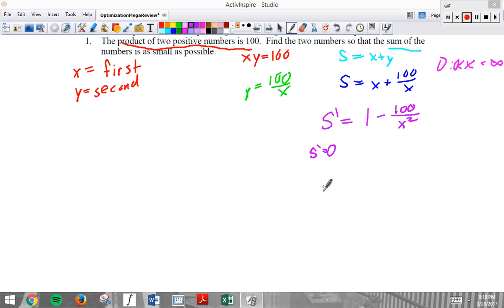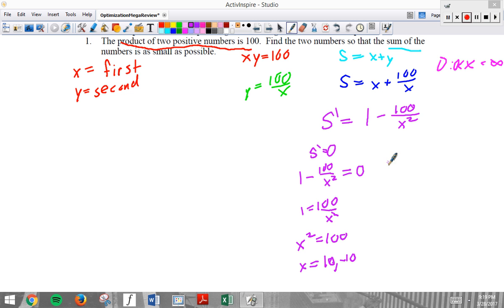That's how we're finding critical numbers. 1 minus 100 over x squared equals 0. 1 equals 100 over x squared. X squared equals 100. X equals 10 and -10. Both are solutions to this.